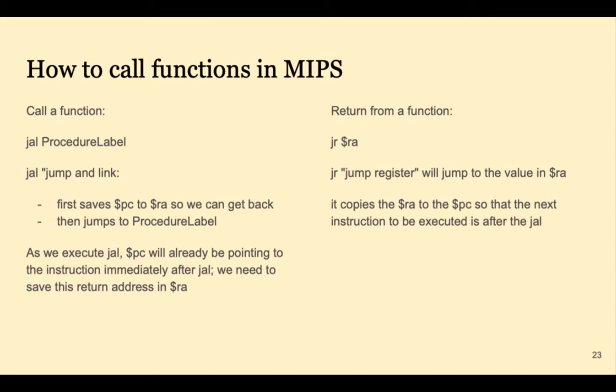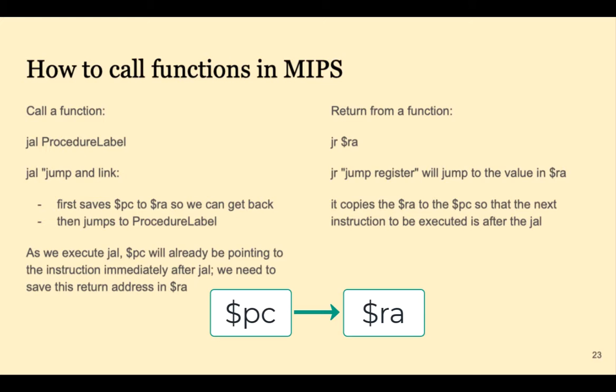To implement functions, we need to learn two new jump instructions, one to jump to the function and one to jump back from it. To call a function, we use the JAL jump and link instruction. First, it saves the value of the PC to register RA for return address, so we can get back, and then it jumps to the procedure label.